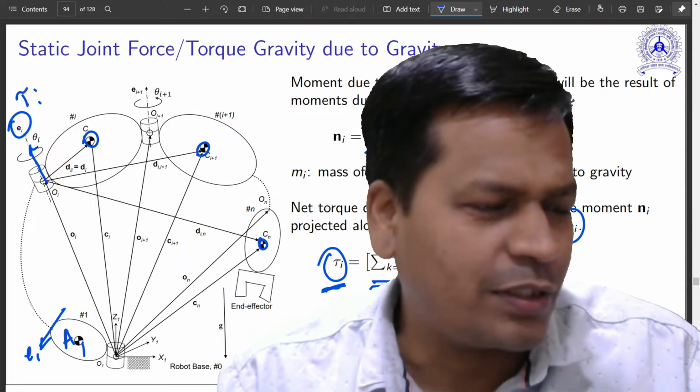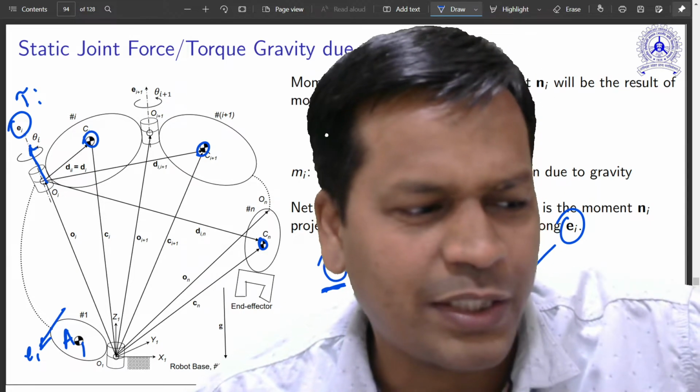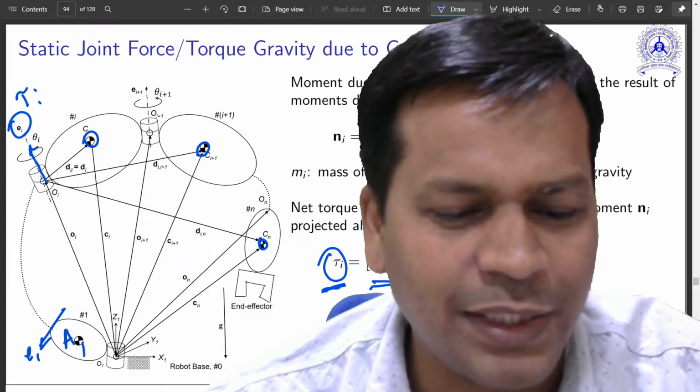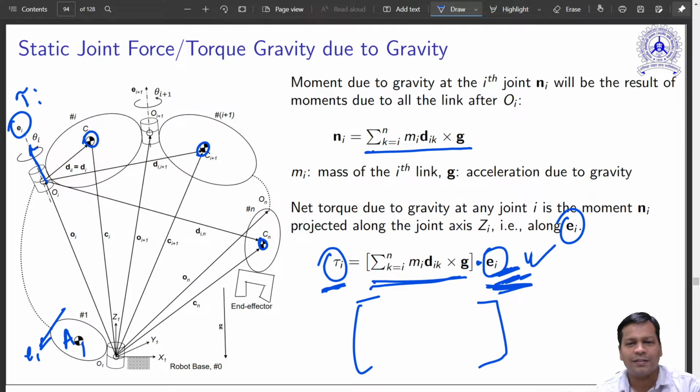You can take some example and try it out yourself. Nothing is moving here. You can feel it: if you try to move this from here, it will be most difficult, is it not?